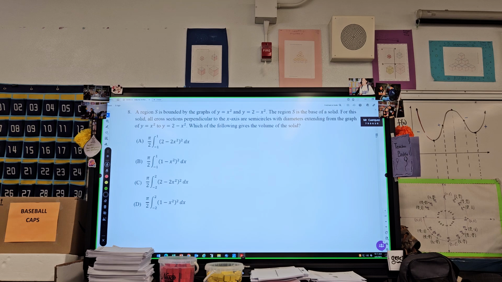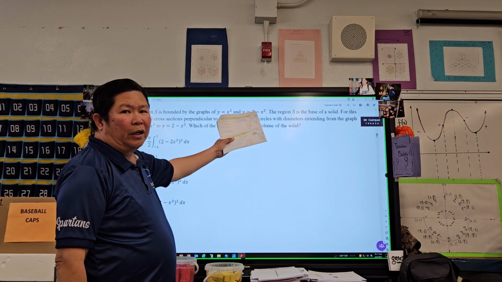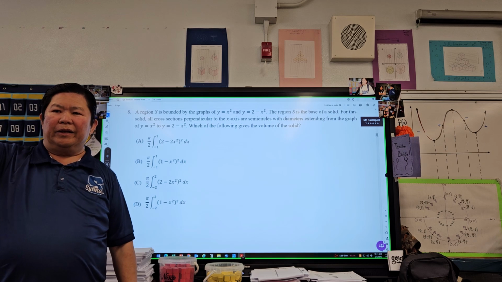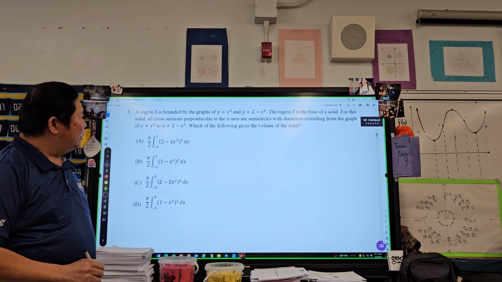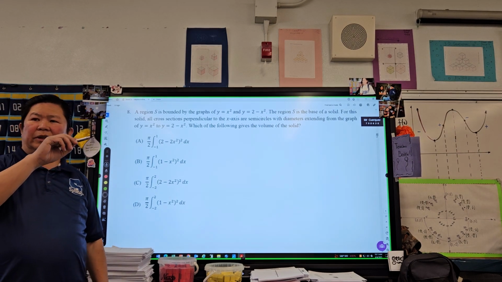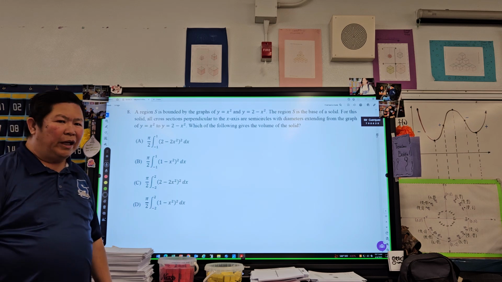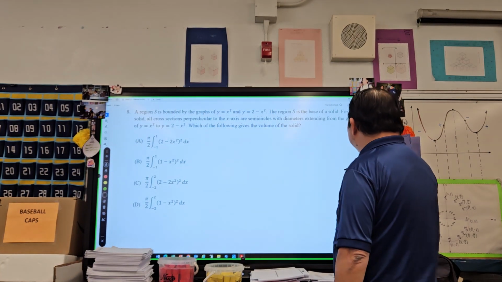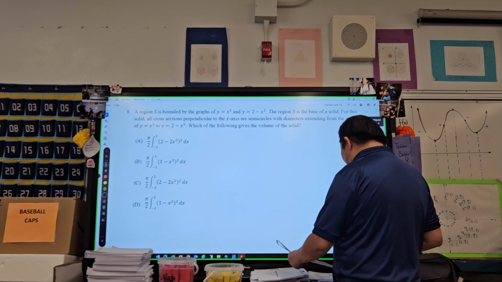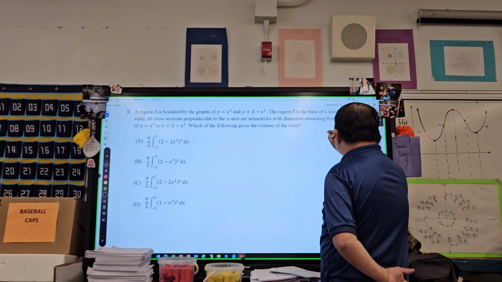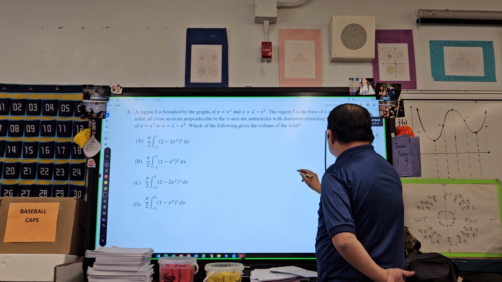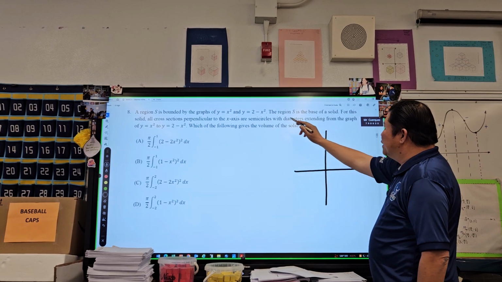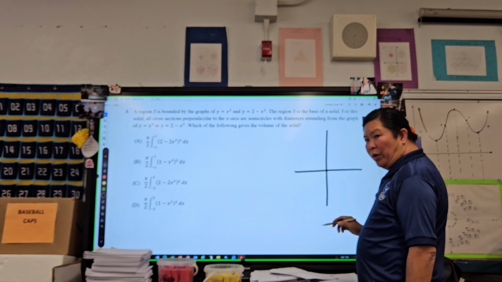But we know that these are both parabolas. The first parabola, concavity is up, right? x squared. And the second parabola is concave down. Can you imagine now the graph? The graph looks this way. So the first graph is x squared.